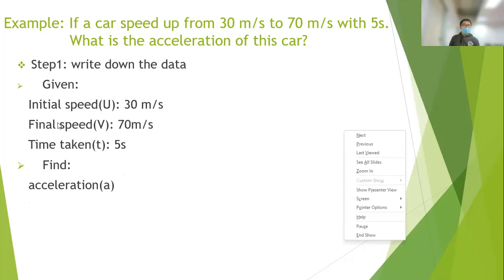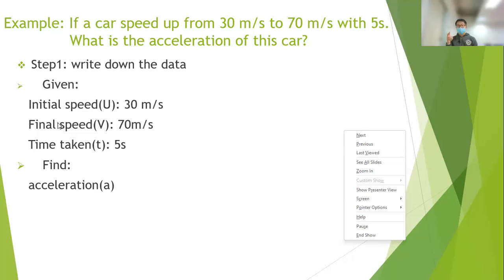In our introduction to this motion, we have initial speed, final speed, time taken, and acceleration. These 4 things. And distance, but today we will ignore distance. We will just focus on these 4 units.